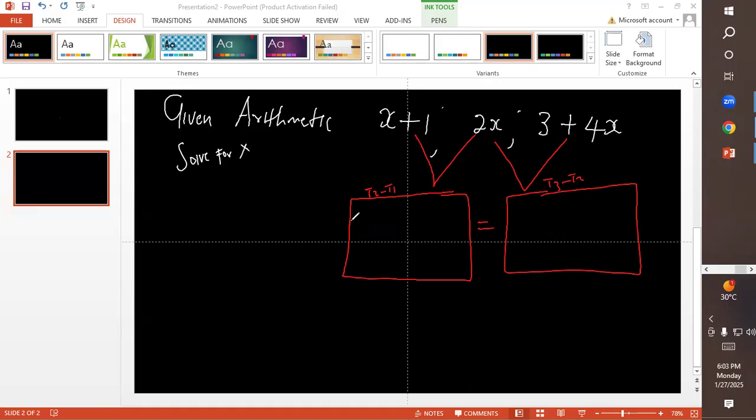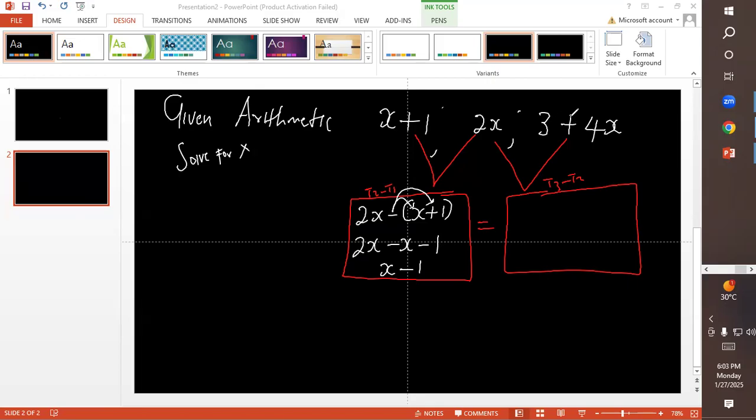My term 2 is 2x. I'm subtracting term 1, which is x plus 1, so don't forget to put it in brackets. Simplifying, 2x, negative times x is negative x, negative times positive 1 is negative 1. So 2x minus x is x, and term 2 minus term 1 is x minus 1.